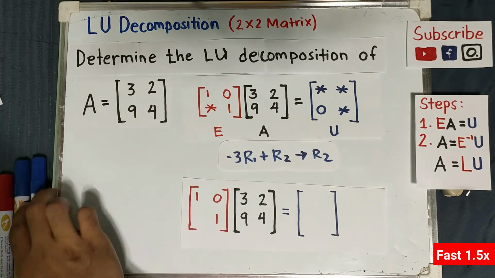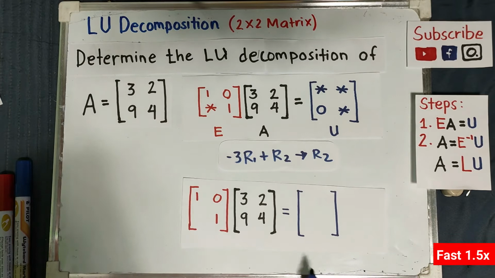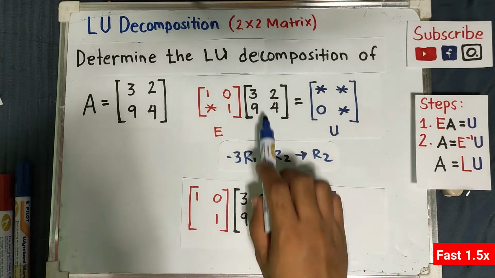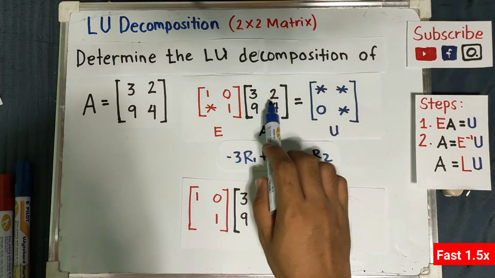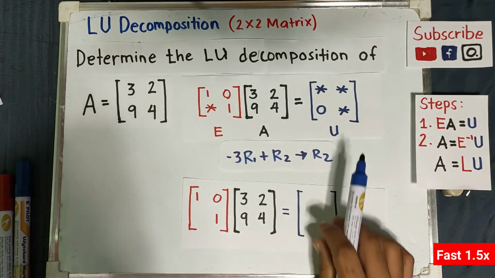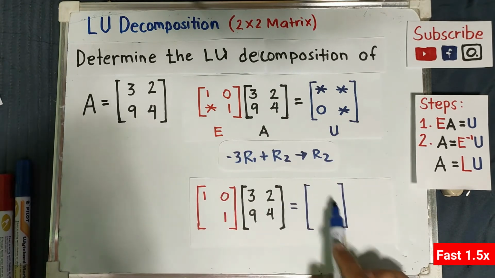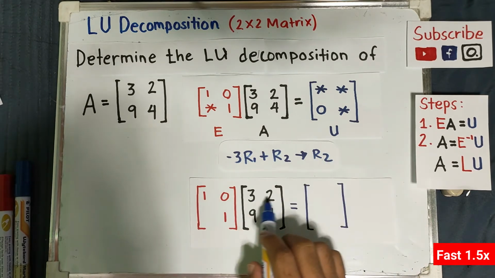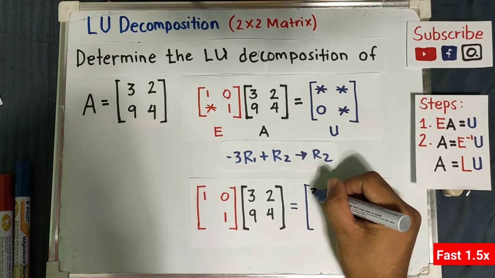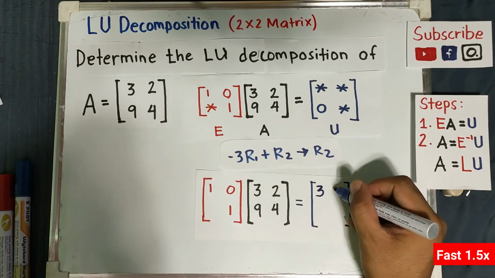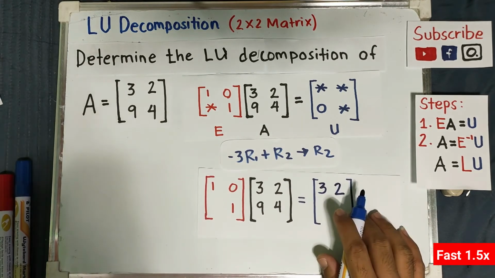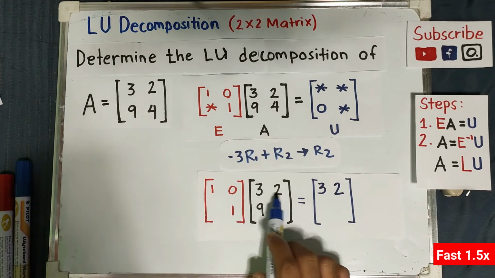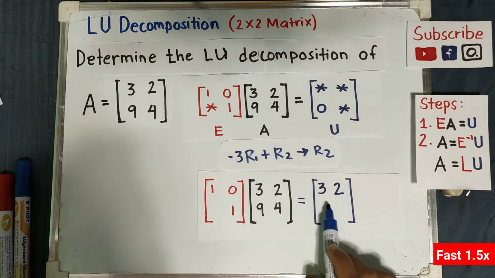Right? So let's solve. Since our goal is to change only the values in row 2, therefore row 1 stays as is. So in our solutions below, let us just rewrite this row above: 3 and 2. Now, what will be the values here?